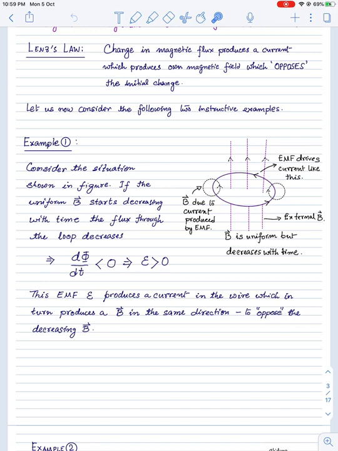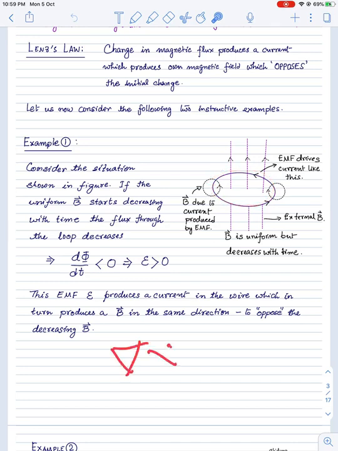Because this is a conducting wire, that electric field drives the electrons inside the wire and tries to generate a current, because of this electromotive force, or EMF, which is the line integral of the electric force per unit charge. Okay, so that would basically try to drive this current.